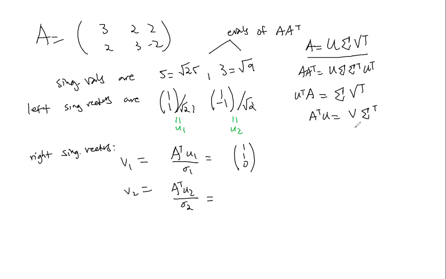This tells me how to find V. If I multiply it by sigma, I should get A transpose U. Okay, so now I get 1, -1, 4 over 3.